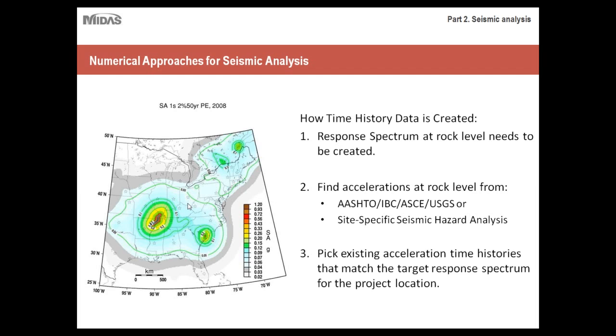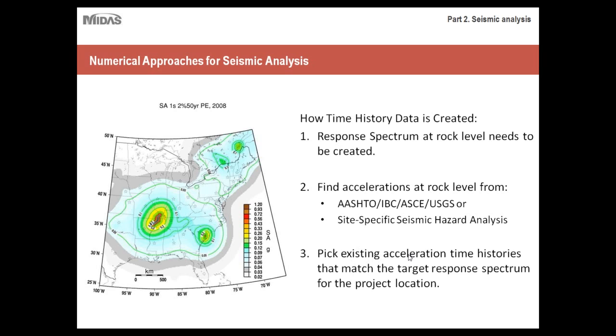So for example, if you're working within any one of these regions here, there should be a database of different response spectrums for each of those areas. Depending on your area, you just have to go to these various agencies to find the response spectrum that applies to your particular region.